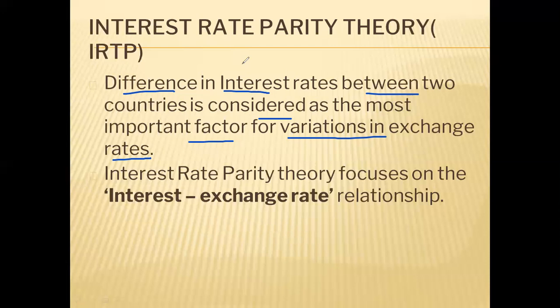So every country will have its own interest rates. The difference in interest rate is the basis for foreign exchange rate variation. So if there is a difference in interest rate between the two countries, there will be variation in exchange rate. So this theory is known as interest rate parity theory.